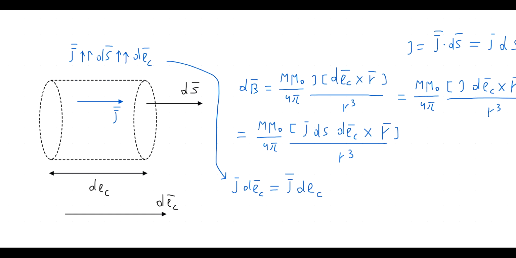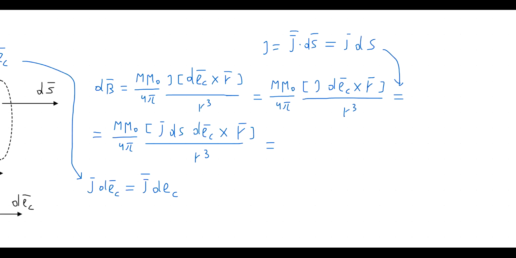Okay, and from this we can write that here we have mu and J, the vector of electric current density, multiplied by R and multiplied by dS and dlc, and R to the power of 3.